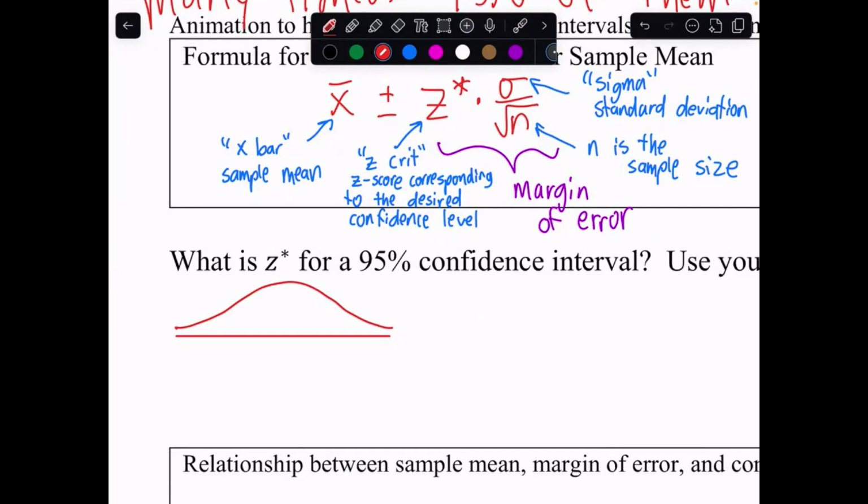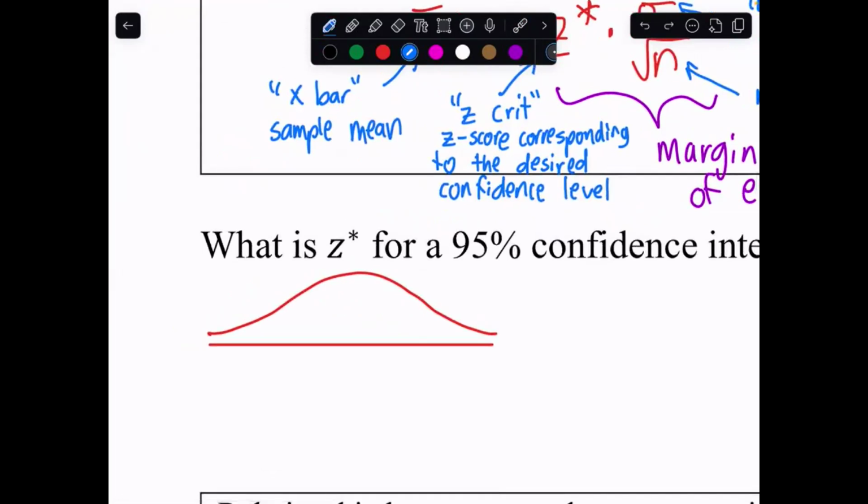Okay, so what's our goal? Our goal is to get the middle 95%. Not the left 95, not the right 95, the middle 95. That means we need to cut it off on both the left and the right to be in the middle.